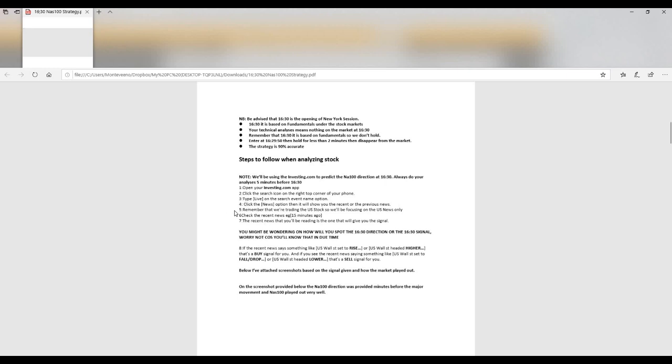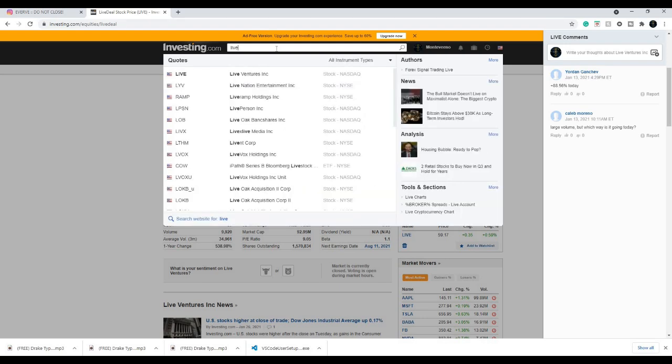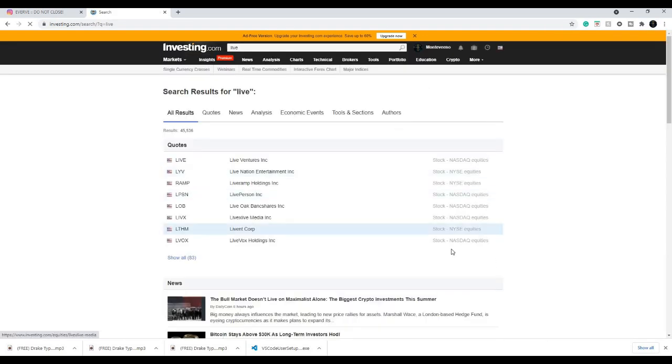Click the news option, then it will show. Before that, we need to type live on the search event name option. So you're just going to come over here and type live just like that, and then whatever pops up, we're going to go over there. If you want to look at that, just click enter, or you can look at the sidebar if you are using a computer.